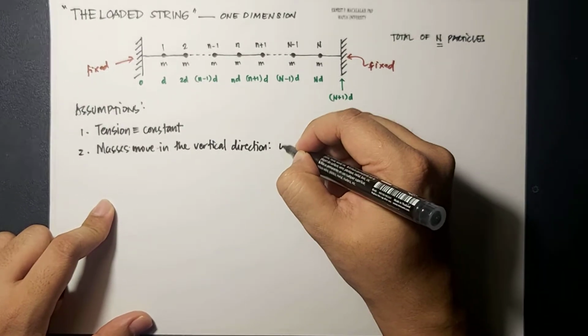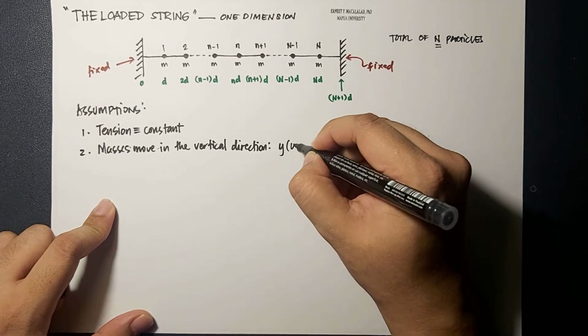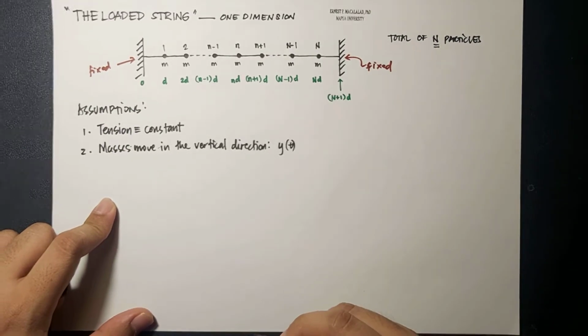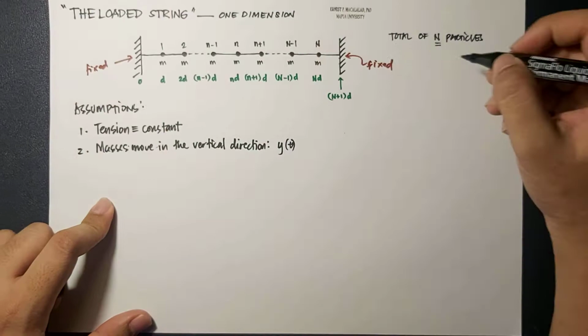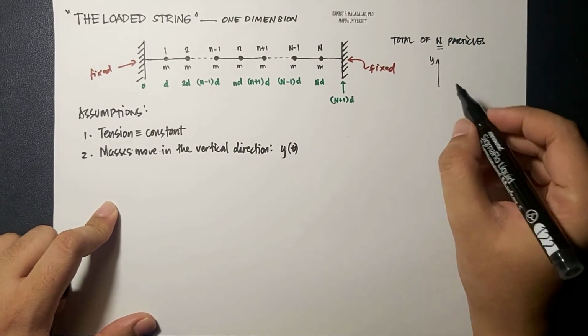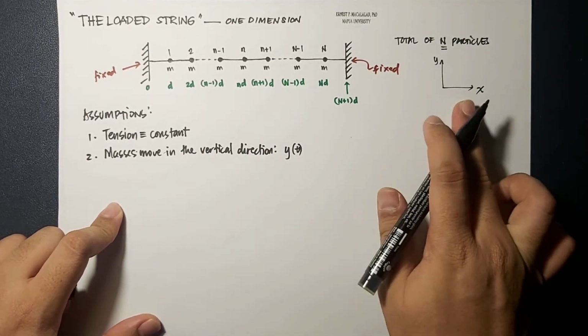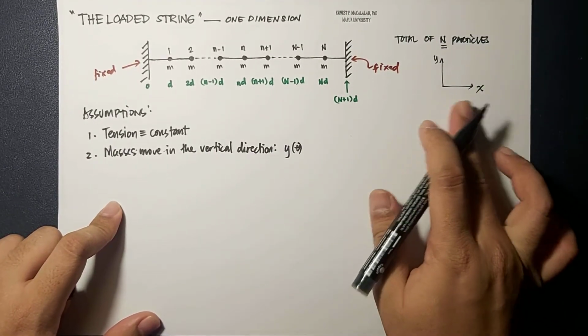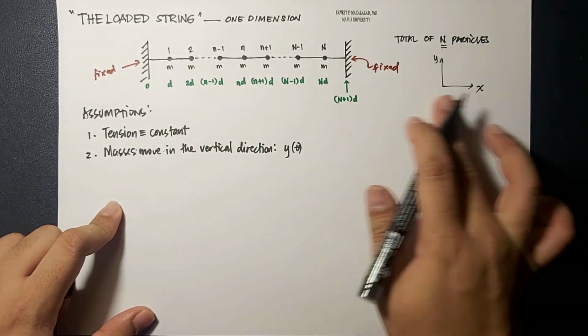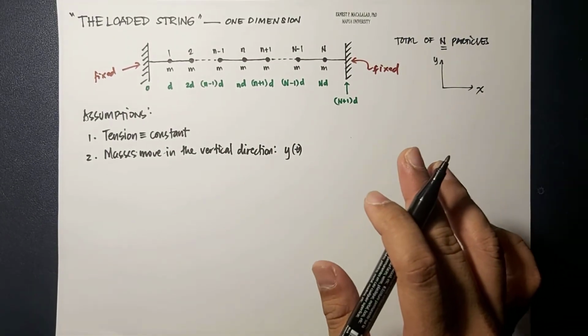So what does it mean? It means that we're only going to look into the y direction. If this direction is your y, we're not going to deal with any vibrations or any motion of each particle along the x direction.